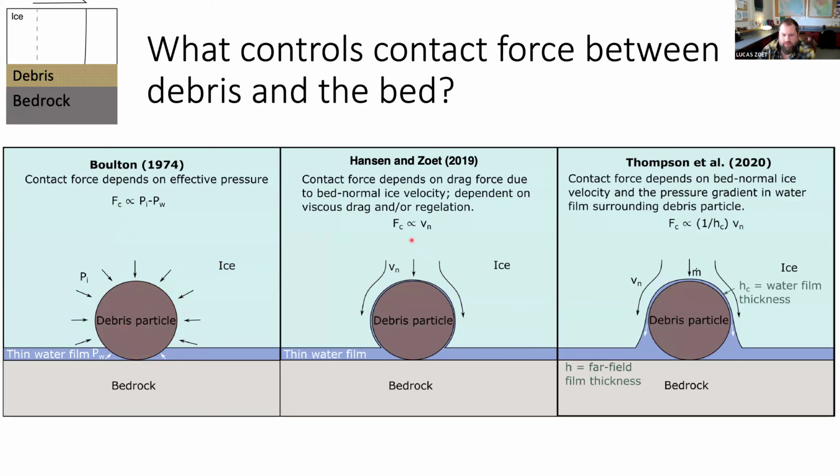You can imagine as the ice is flowing down towards the bed, say it's melting down here, and the ice is flowing from top to bottom, the ice will have to viscously deform around this particle or regelate around it, and that exerts a drag that puts it into contact with the bed. Another is that there's a thin film of water around it, and that viscosity of the water within that film is helping to regulate the drag. And so this is, again, one of these pre-melt film theories.